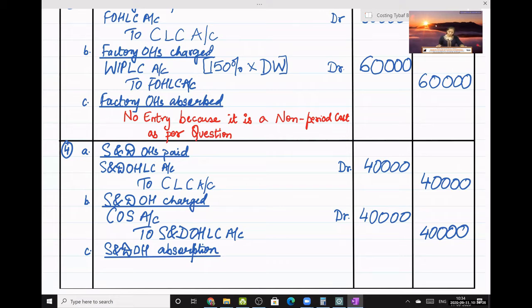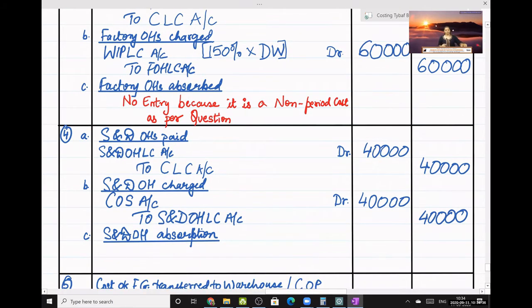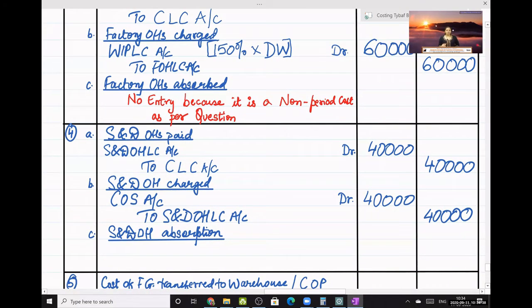COS account debit to SND. Okay. Charge amount is not given. So whatever is paid, assume it to be fully charged. दूसरा, third one is absorption. Okay, so वो तो हम लेजर से देख लेंगे what is the balancing figure, whether it is under absorption, over absorption या whether it is nothing. क्योंकि अगर वो टैली हो गया तो obviously no entry हो जाएगा फिर. ठीक है.